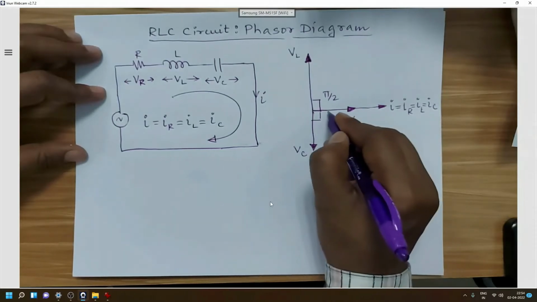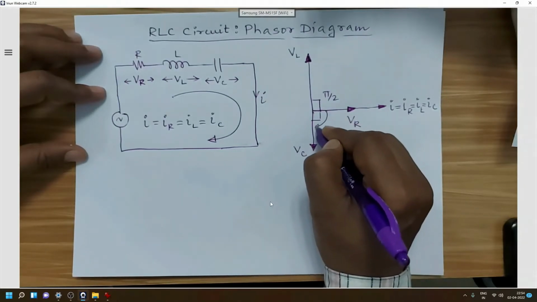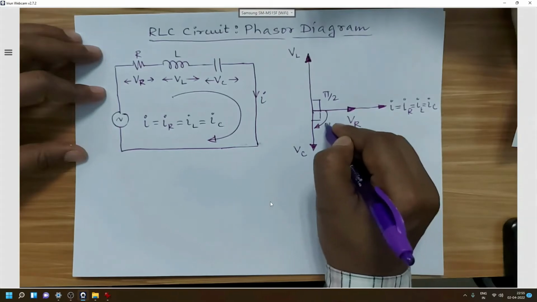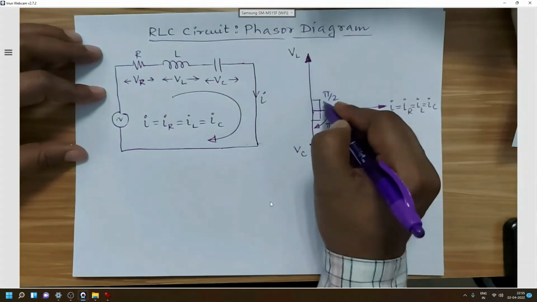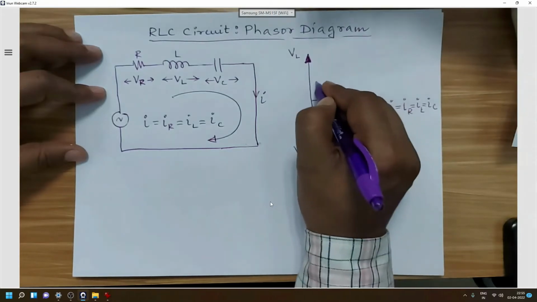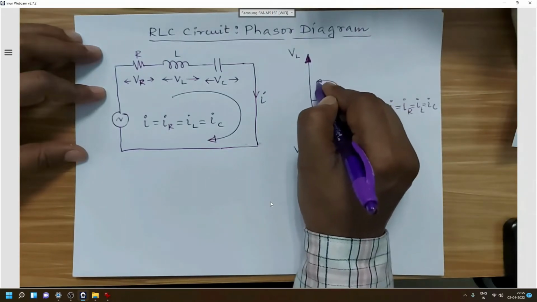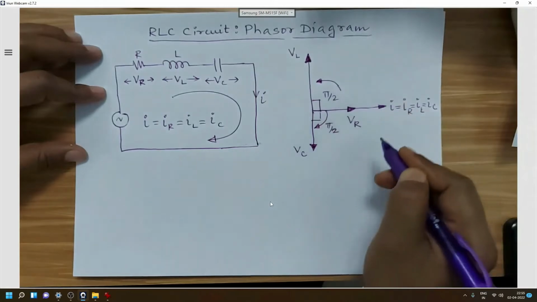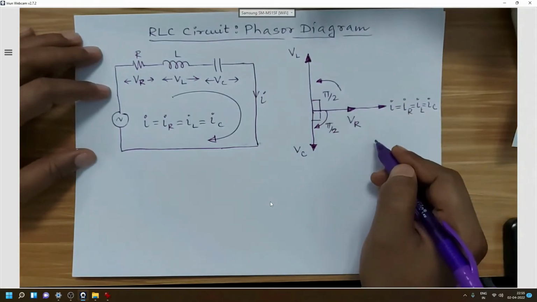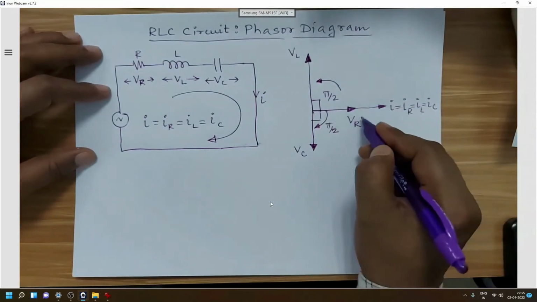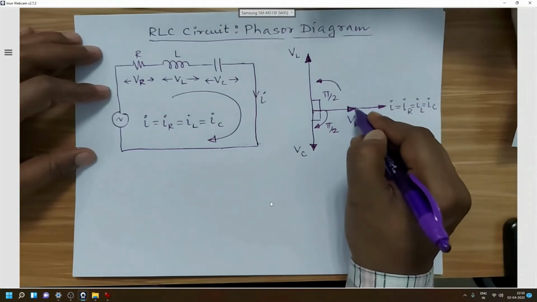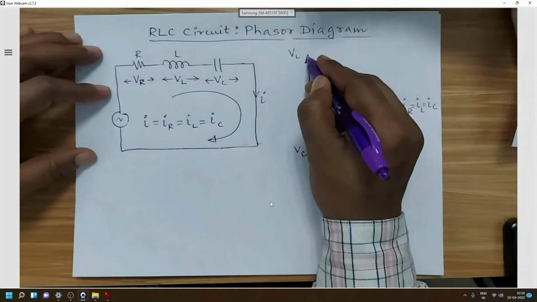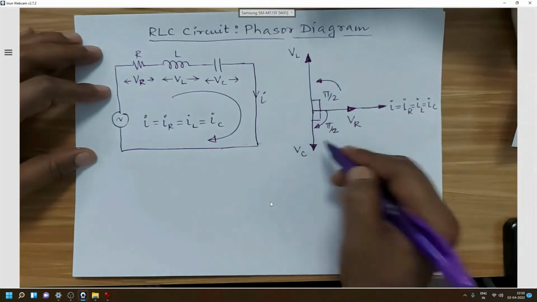So it will be obtained by the rotation of pi by 2 in clockwise direction, whereas VL will be obtained by rotating in anti-clockwise direction by an angle pi by 2. So now we got three phasors with respect to current: voltage across resistor, voltage across inductor and voltage across capacitor.